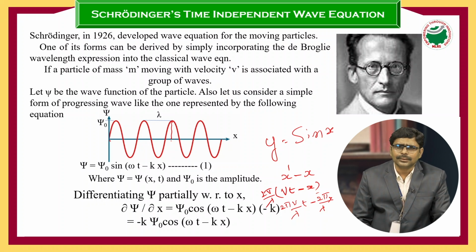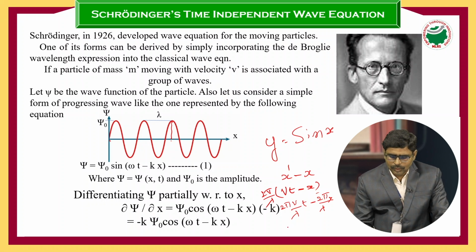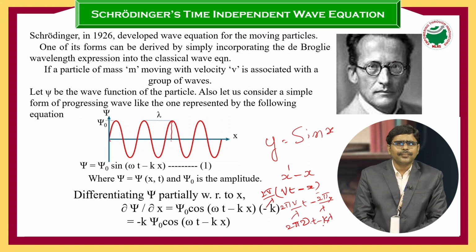We know that the frequency is equal to velocity by wavelength, so this becomes 2 pi nu into t minus kx. Here k is the wave vector, which explains how the wave is moving.